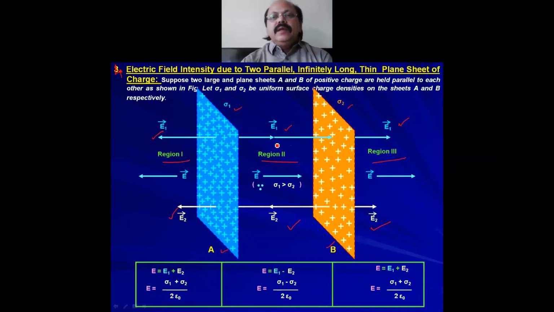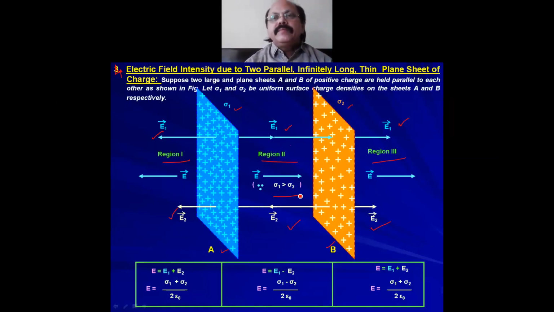So we use a sign convention. If the two vectors, E1 vector and E2 vector, are in the same direction, then we have to take their vector sum, and if they are in the opposite direction, then also we have to take the vector sum.